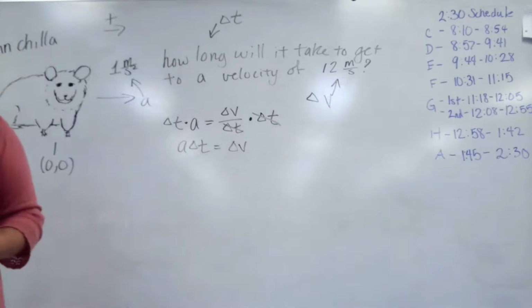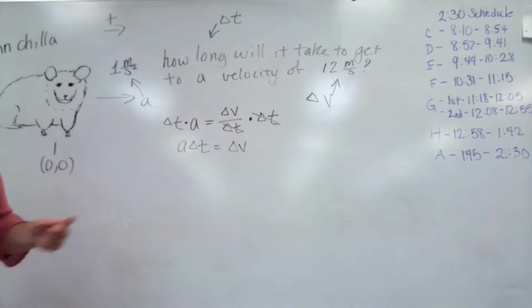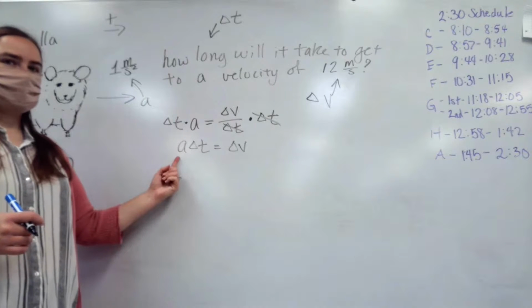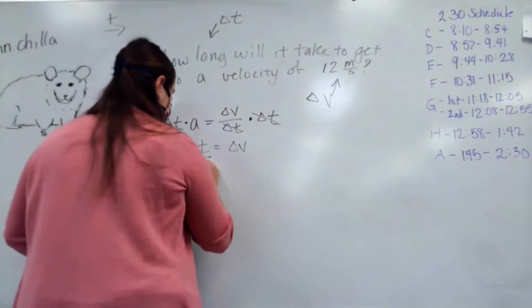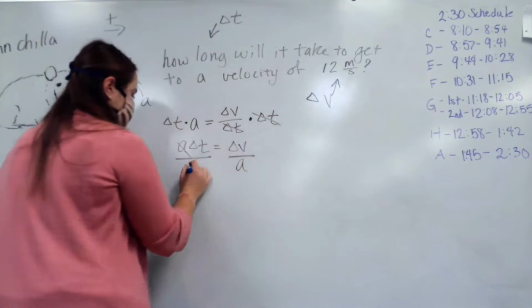Now what do we do? Anybody? How do we get the A to the other side? Divide. You divide both sides by A. A cancels out.